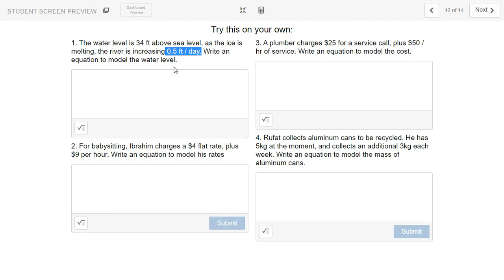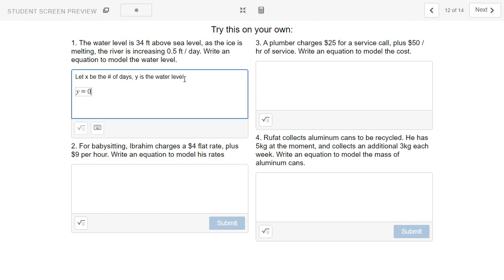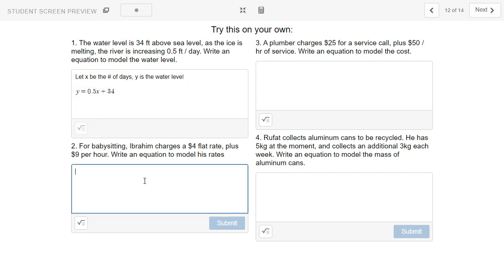And as a result, since it's per day, our variable is going to be X. And we have Y is the water level. Y is equal to 0.5x plus 34.